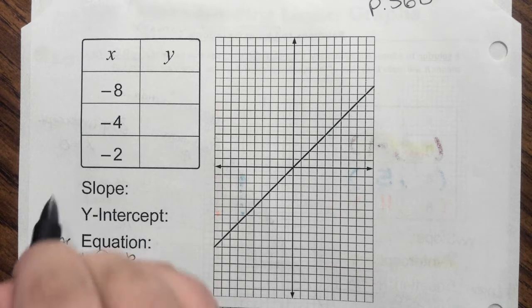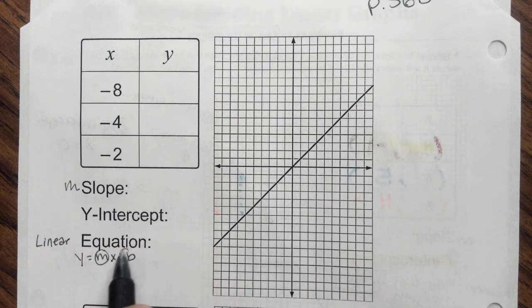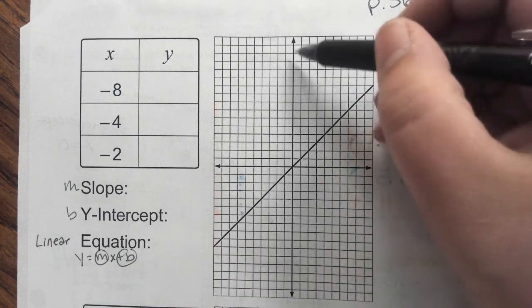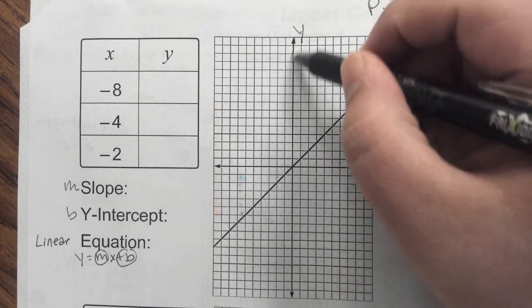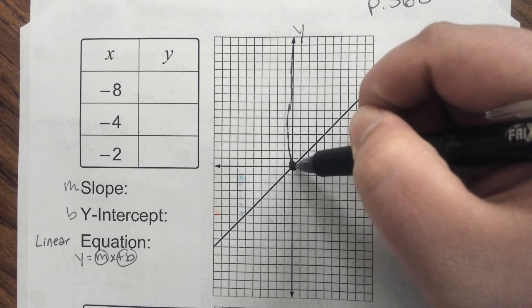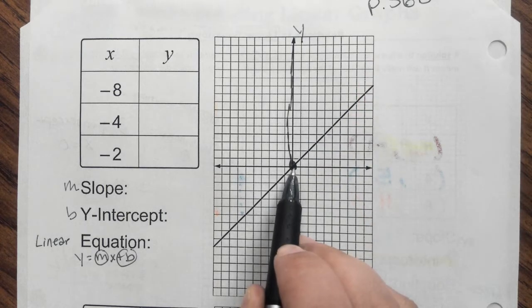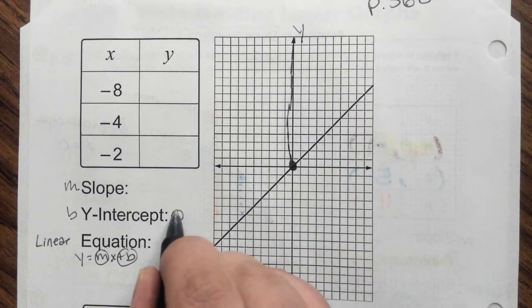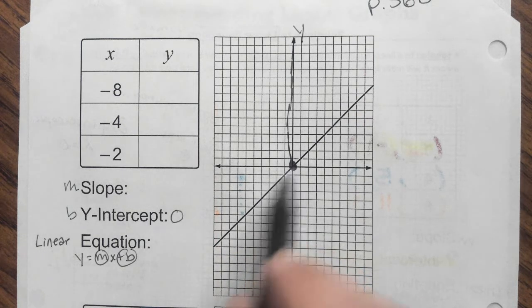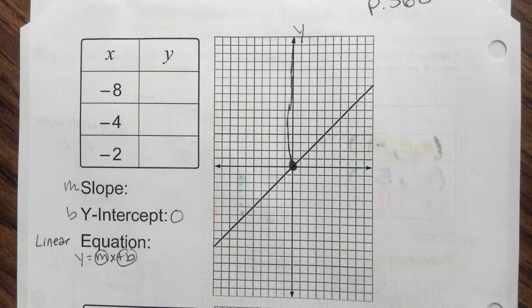So we need to replace m, the slope, with a number, and I need to replace b, the y-intercept, with a number. To find the y-intercept, we're going to trace the y-axis until we find the line, which is right here. That's the point 0, 0. The y value there is 0, so our y-intercept is 0.